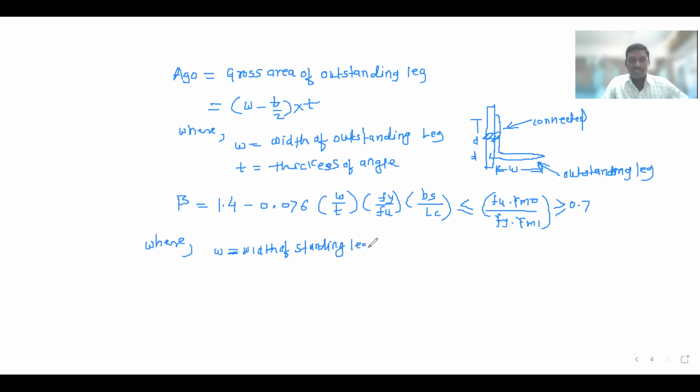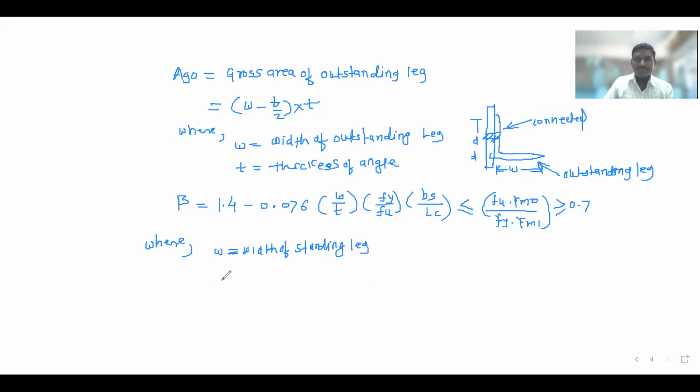So D and W values we will get from the steel table. The values for whichever section is given we will get from the steel table. So if ISA 80 by 80 by 8 is there, ISA 80 by 50 by 8 is there, ISA 90 by 60 by 6 is there, in this way you will get the depth and width.